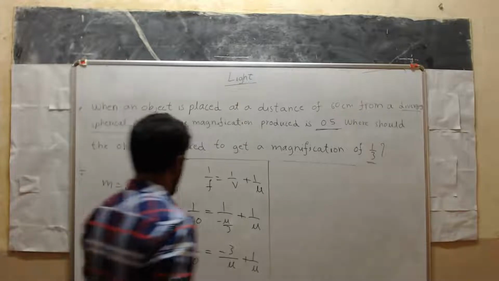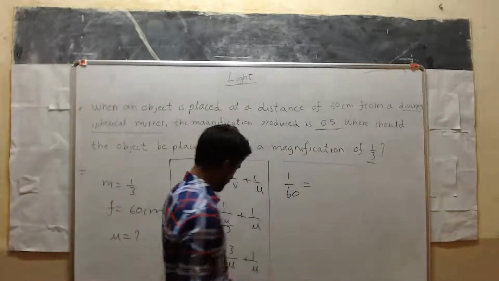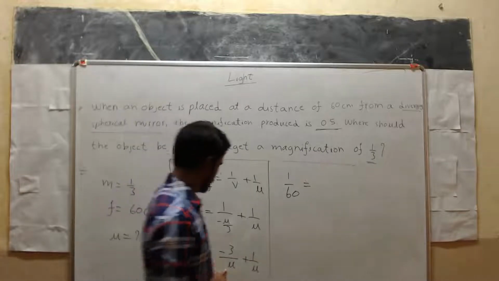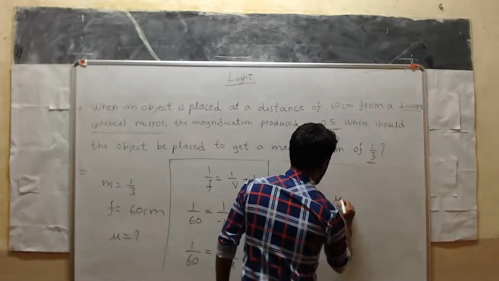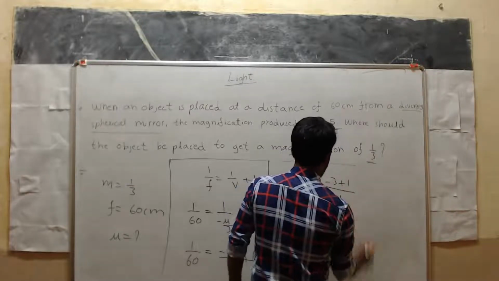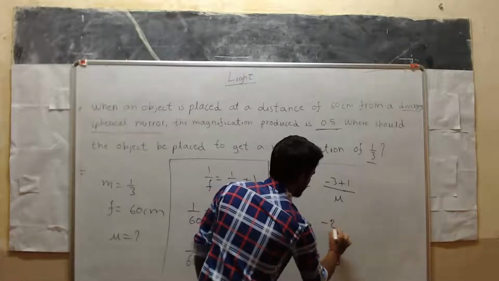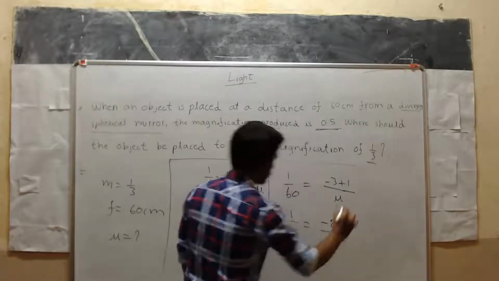Next, 1 by 60 is equals to LCM. So now LCM is u, right? Minus 3 plus 1. What is the answer? 1 by 60 equal to minus 2 divided by u.